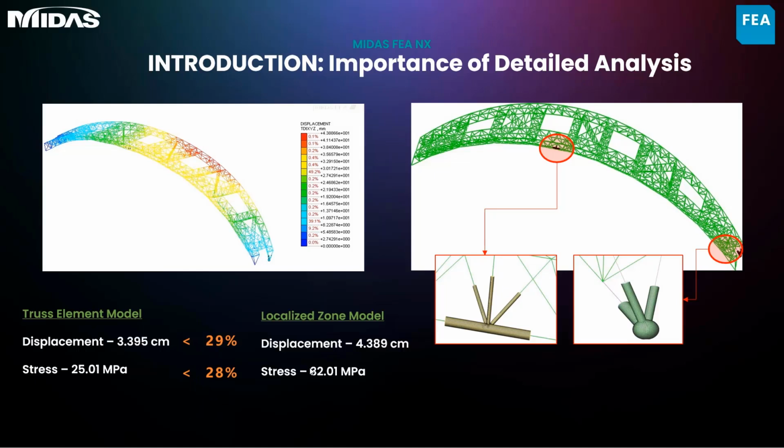So to your right, you can see a truss structure where I have not modeled any joints, and to your left, sorry, to your right, you can see the truss structure where I have modeled two of the joints, as you can see here. It has been observed that in the truss model, the displacement and stresses are underestimated by 29 and 28%, compared to the localized zone model, where the displacement is 4.389 centimeter, which is much higher than 3.395 centimeter.